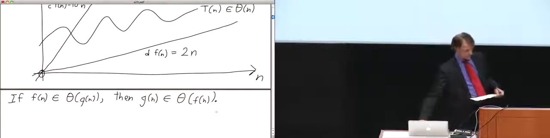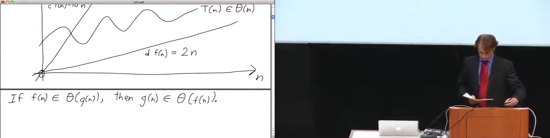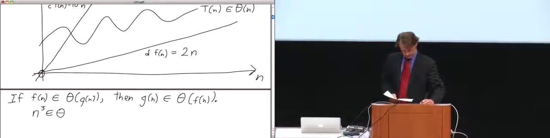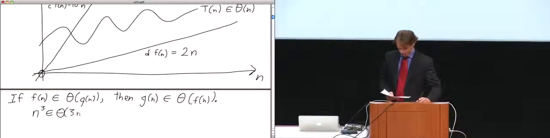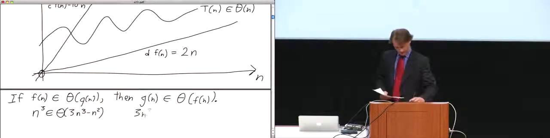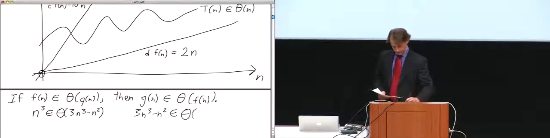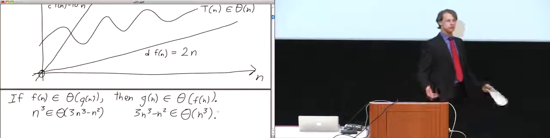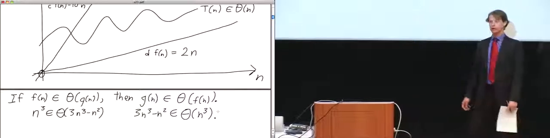For example, n cubed is in big theta of 3n cubed minus n squared, and 3n cubed minus n squared is in theta of n cubed. If one is true, then the other one has to be true as well.